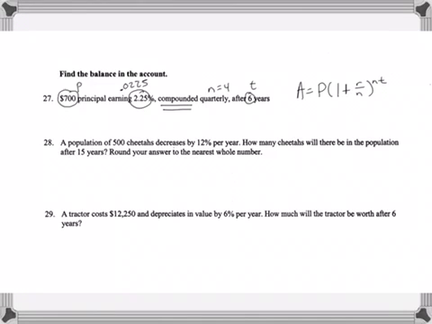So we've got 700 times 1 plus the rate, which is 0.0225, over N, which is 4, to the 4 times 6 power. And if we plug that in our calculator, remember 4 times 6 is 24, we should get that they've earned $812.90.